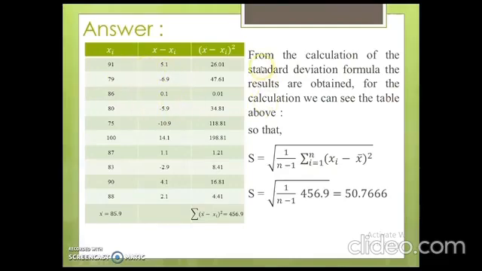From the calculation with the standard deviation formula, the results are obtained as we can see in the table above.